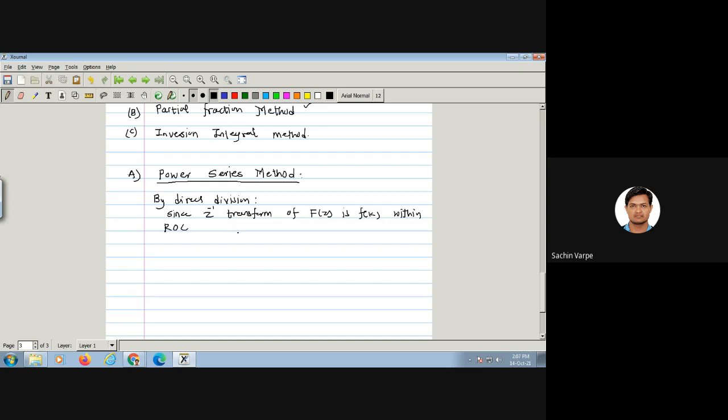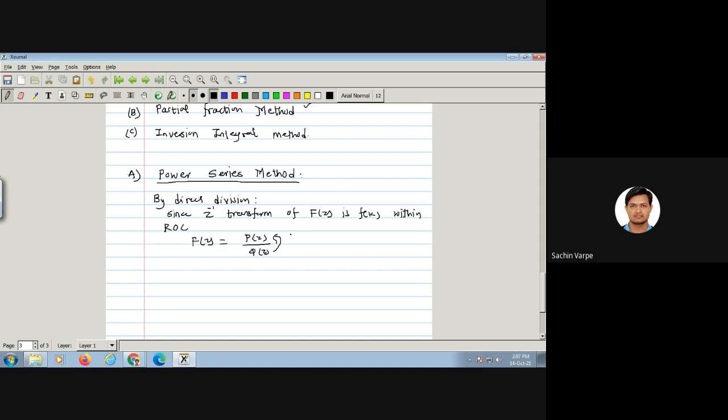We can express F(z) as a series in powers of z by actual division. If F(z) is given as a rational function of the form P(z) upon Q(z), then we divide P(z) by Q(z), and we try to write F(z) in terms of powers of z by actual division.